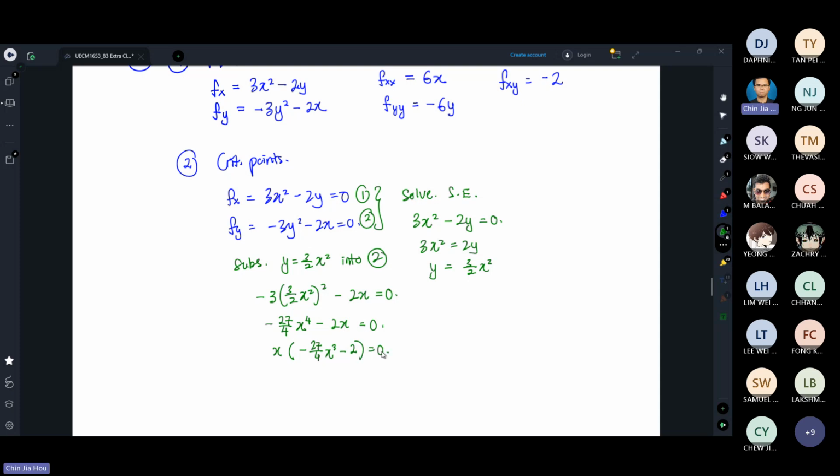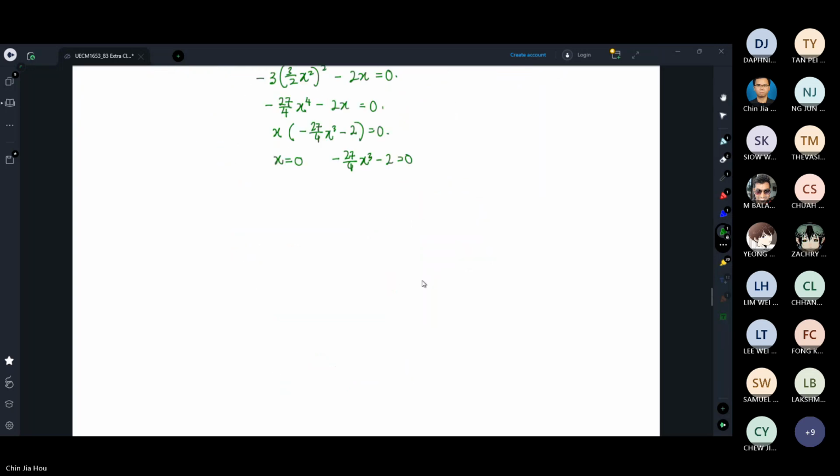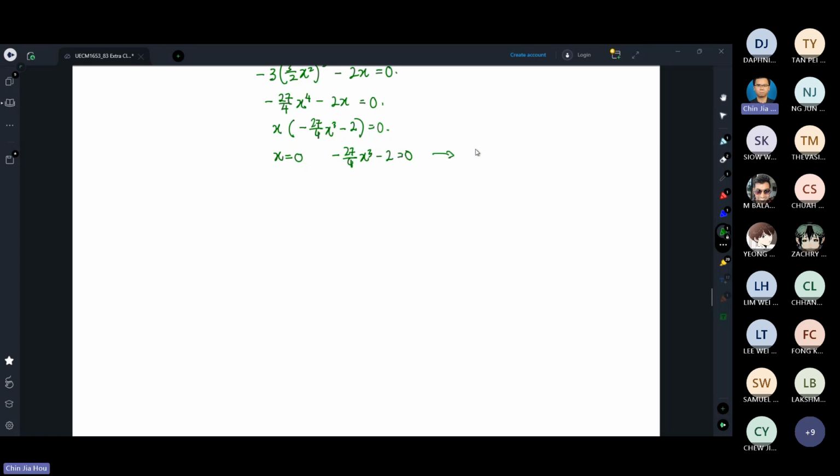So one of my x is equal to 0. Another of my x is rather ugly, but doable. Minus 27 over 4 x cubed equals 2.